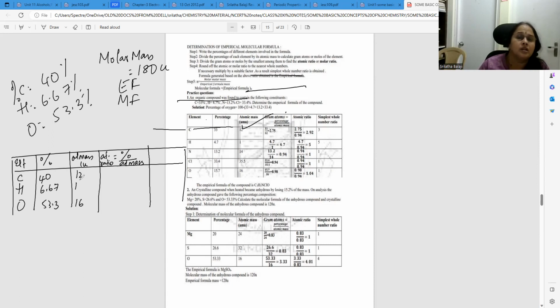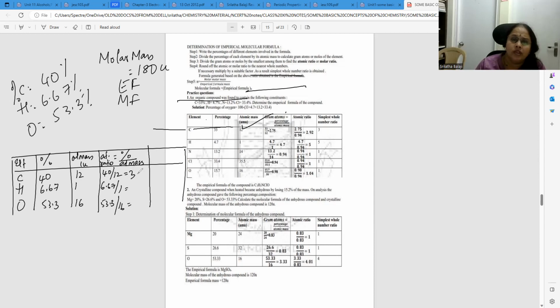Clear? For carbon, 40 divided by 12. In this case, 6.67 divided by 1, and 53.3 divided by 16. So what is the value you get? Just check. Up to one decimal point is enough. Don't have to go further.